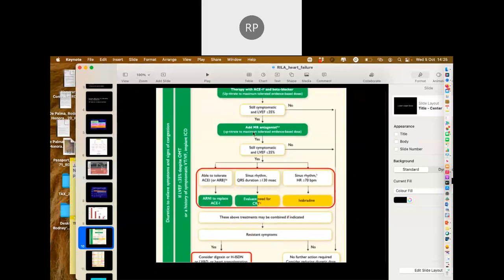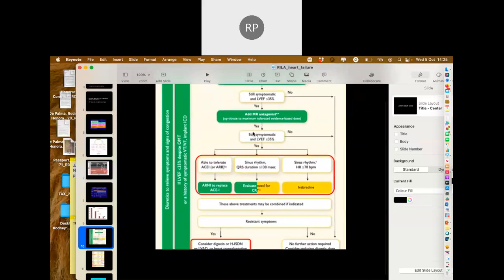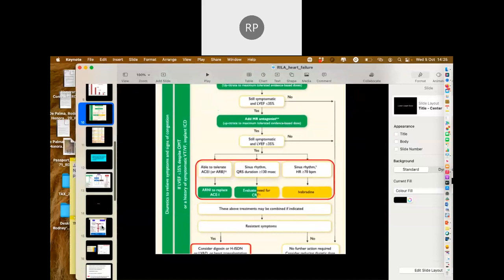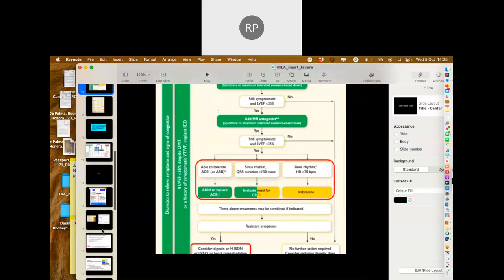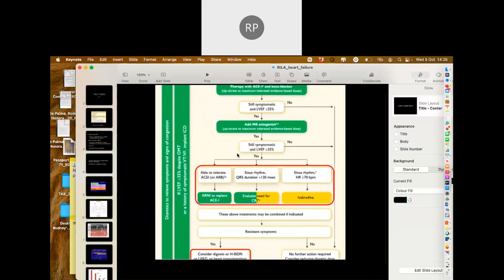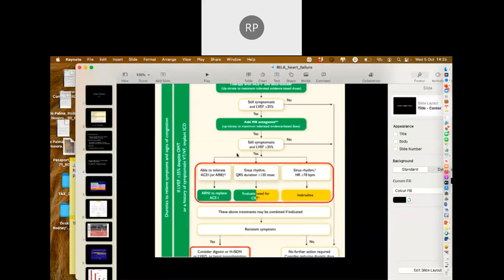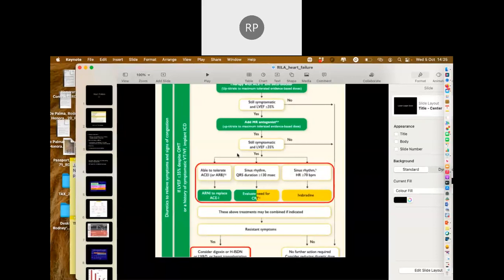Now, the therapy for heart failure is essentially based on 4 pillars currently, and those 4 pillars are a drug to treat the angiotensin system, and that could be either an ACE inhibitor or an ARB, an angiotensin receptor blocker, or a combination of an angiotensin receptor blocker and a neprilysin inhibitor called Entresto.